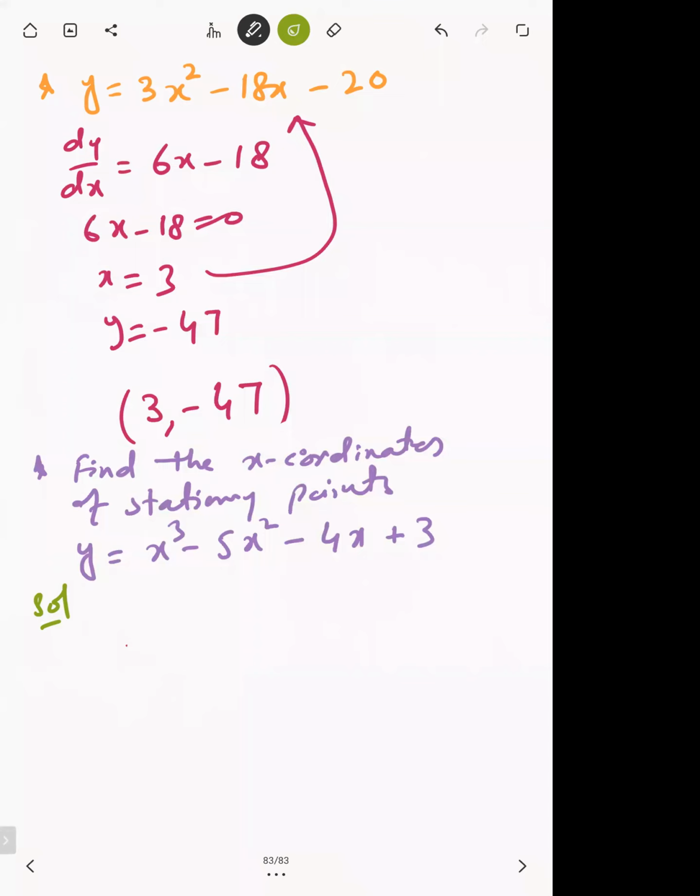Yes, Anya, if you have done, then write your answer in the chat box. Or you can simply tell whether Zarish got the same answer or yours is different. Zarish is saying she got 3.7 and -0.4.